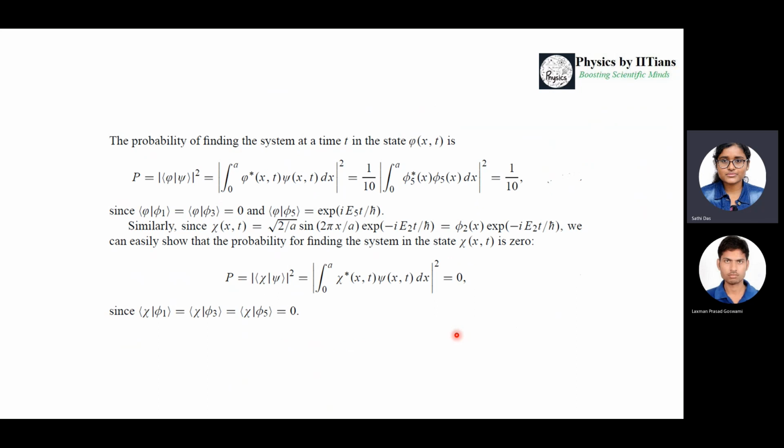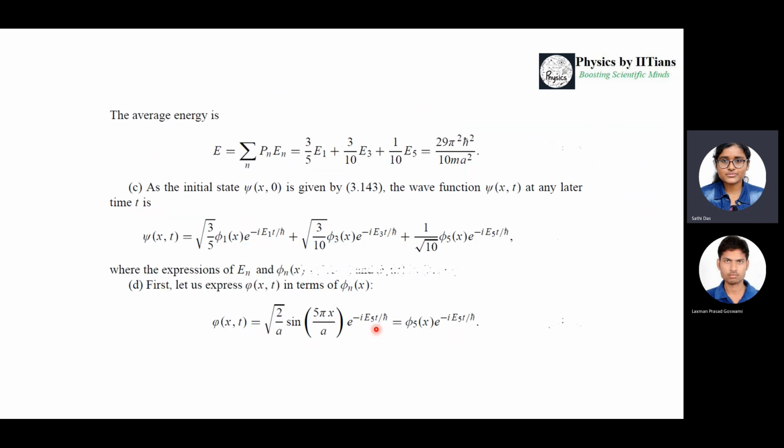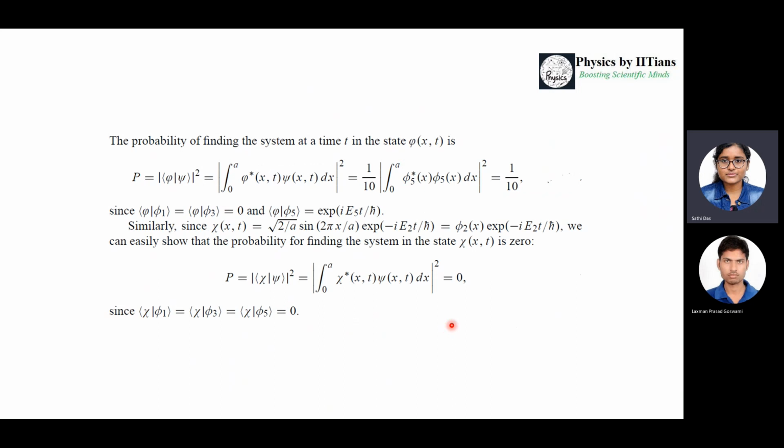So how do you do this? To find the probability, first express this phi of x, t in terms of phi n. So phi of x, t is root 2 by a sine 5 pi x by a, e to the power minus i E5 t by h cross, or it can be written as phi 5 times e to the power minus i E5 t by h cross.